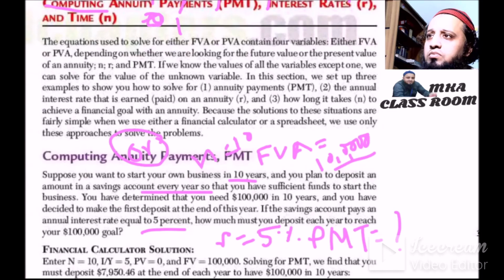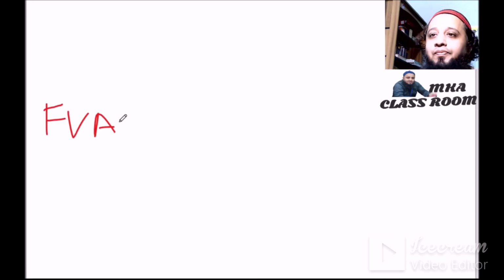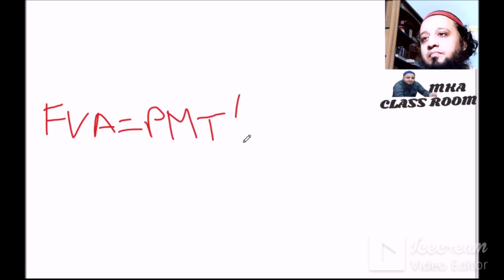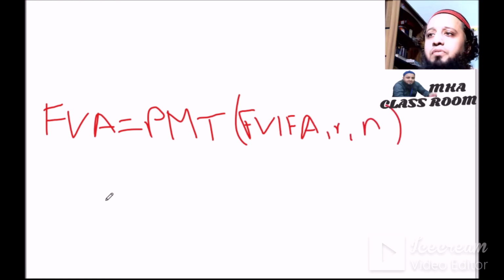So, where is my virtual whiteboard? FVA equal to PMT times FVIFA, R, N. That is our formula for future value of annuity.